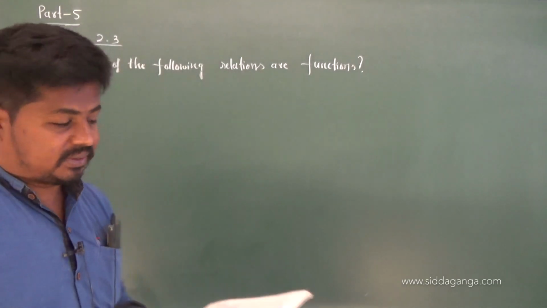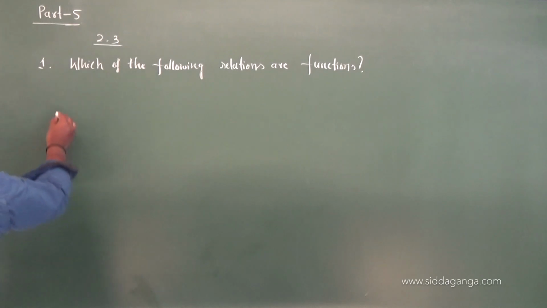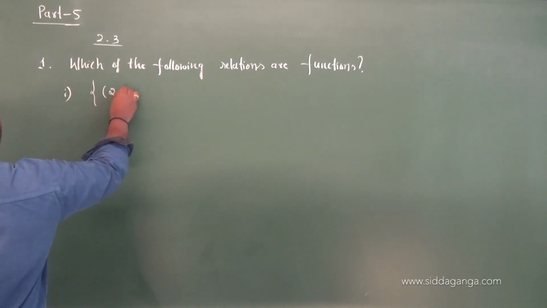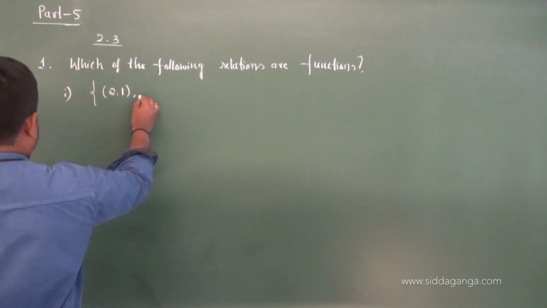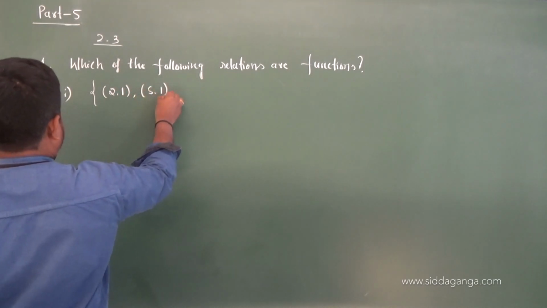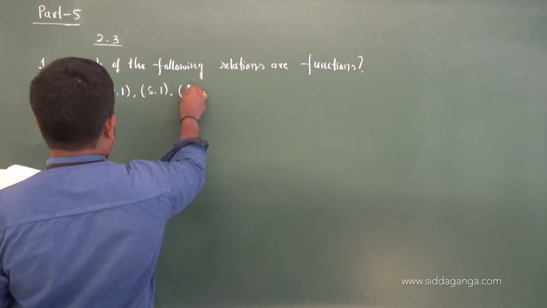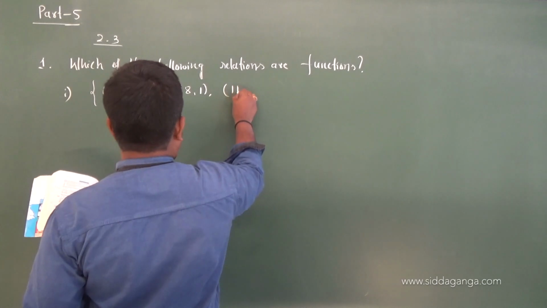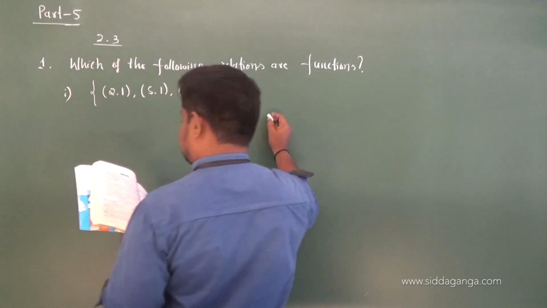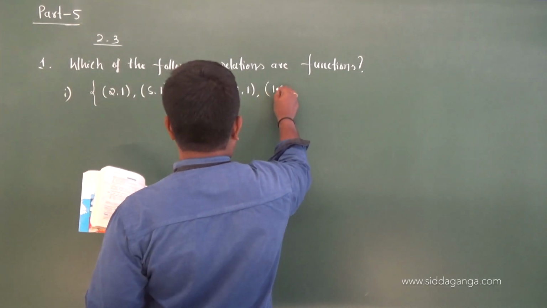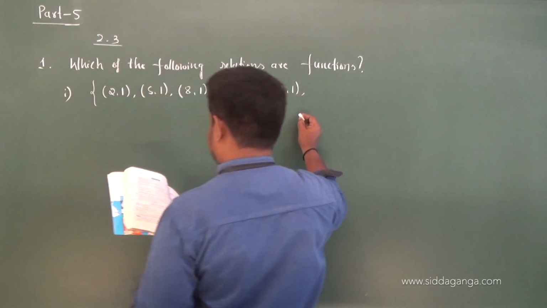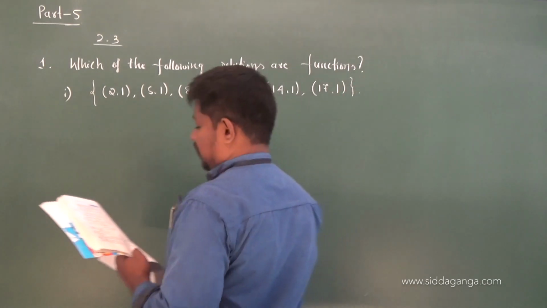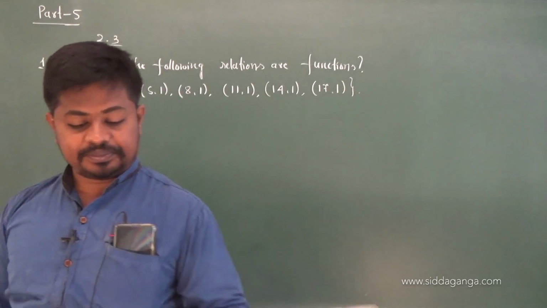The first one is {(2, 1), (5, 1), (8, 1), (11, 1), (14, 1), (17, 1)}. Here we have a relation.